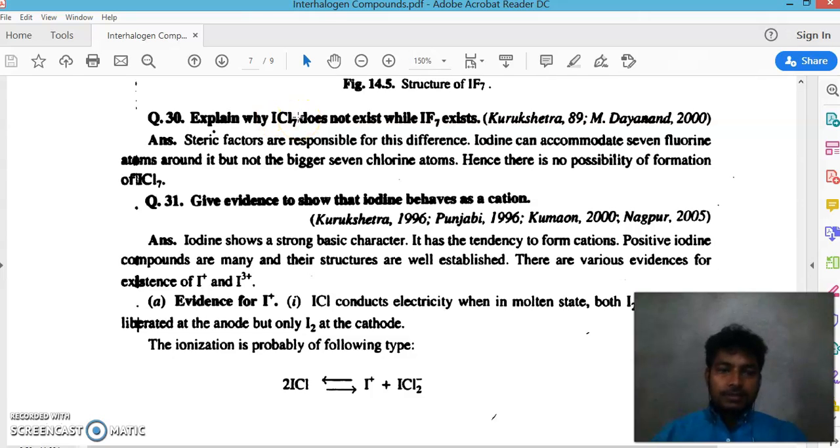You can see that fluorine is smaller than chlorine, so iodine can accommodate 7 fluorine atoms around it, but not the bigger 7 chlorine atoms. Therefore there is no possibility for the formation of ICl7.